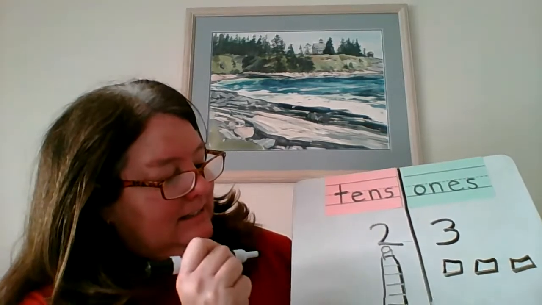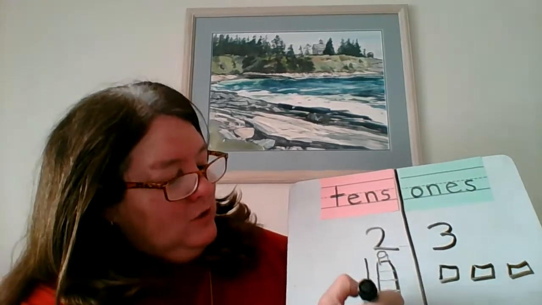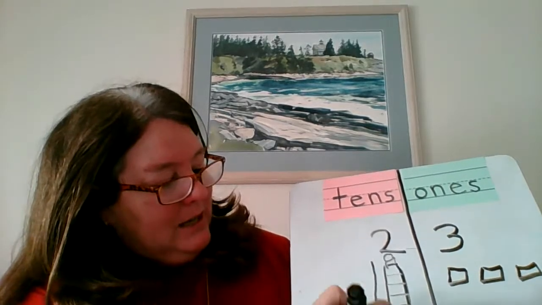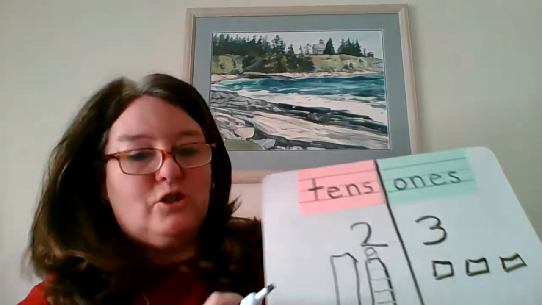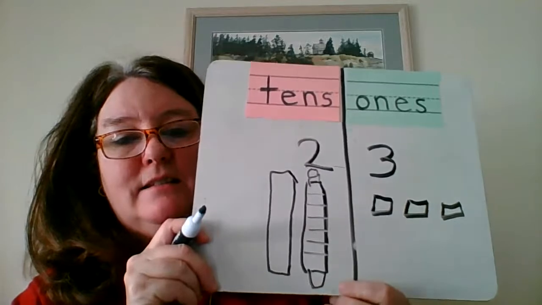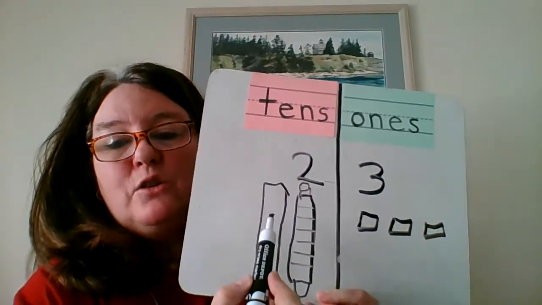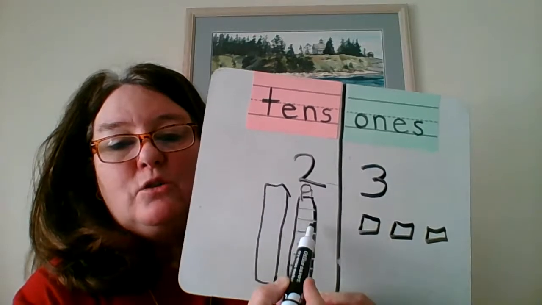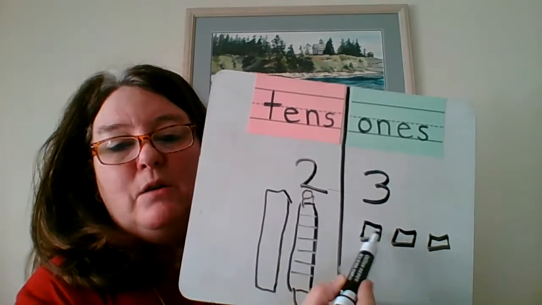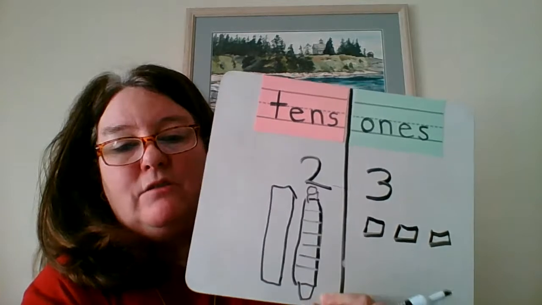There's a 10 stick. And then I have 2 tens in this number. I'm not going to draw all the lines, but we're just going to use tall rectangles to show the tens. Because this is not a 2, this is 2 tens. So we say 10, 20, 21, 22, 23.